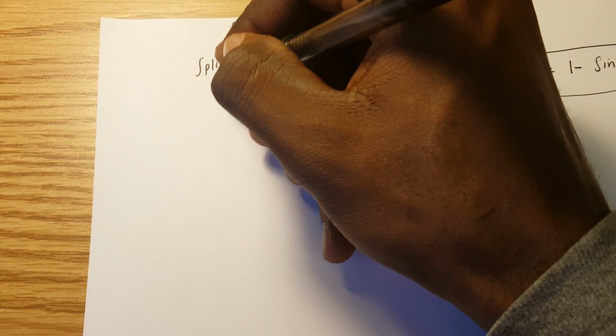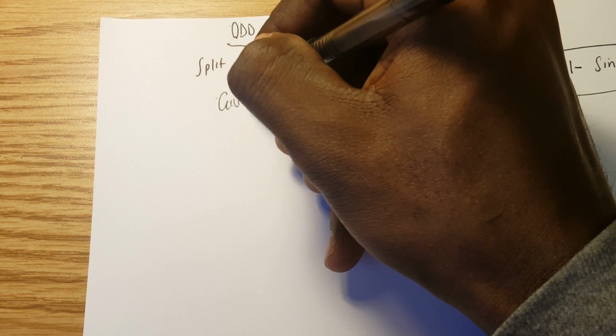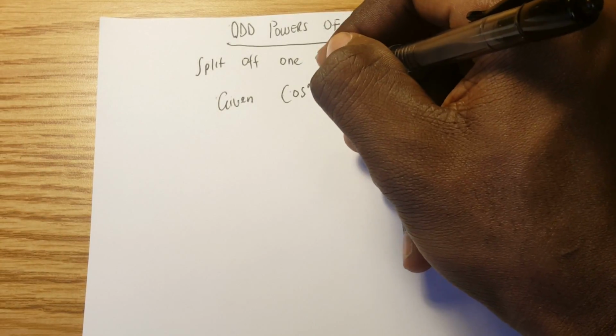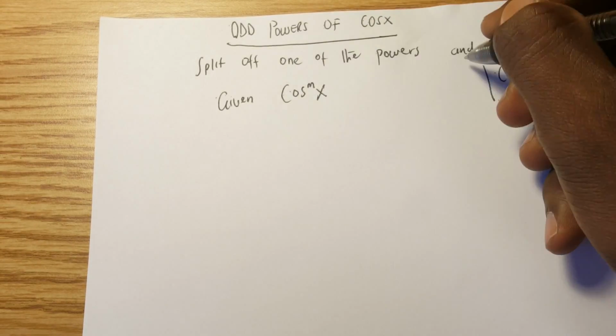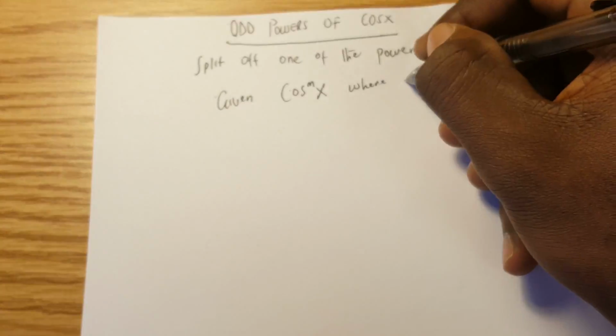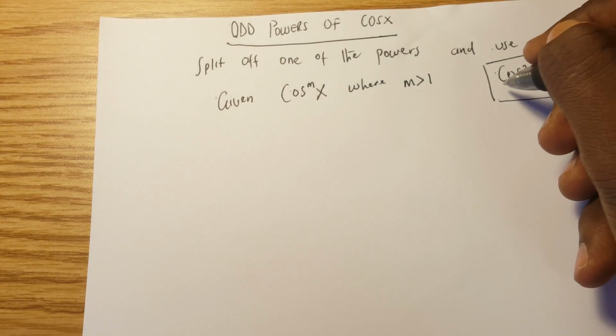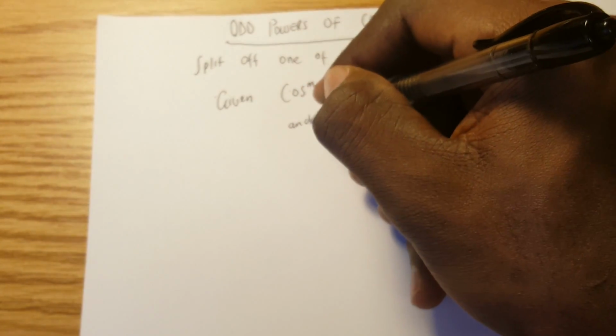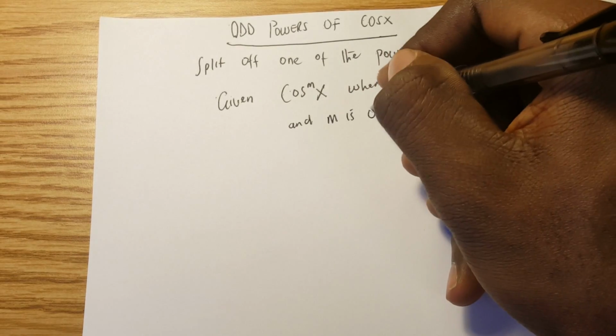That is when you are given cosine to the m of x, where m is greater than 1 and m is odd.